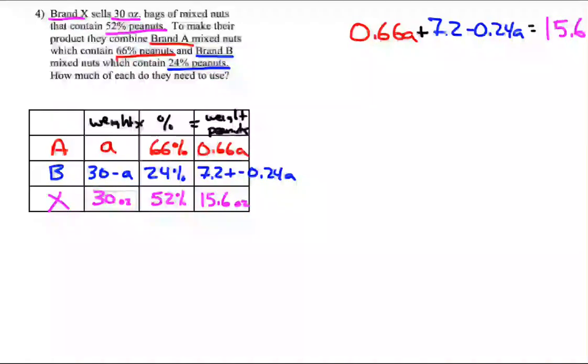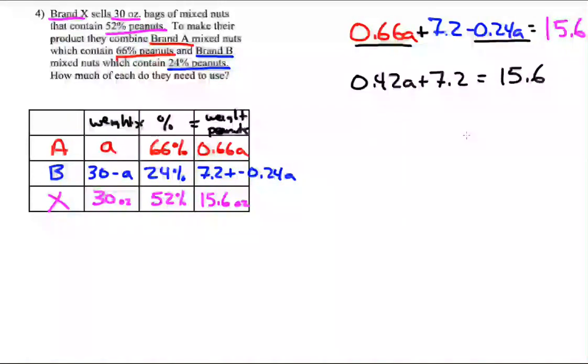So now I just have to combine my terms. I've got a 0.66A here and a negative 0.24A, so combining them I get 0.42A plus 7.2, and that's going to equal 15.6.